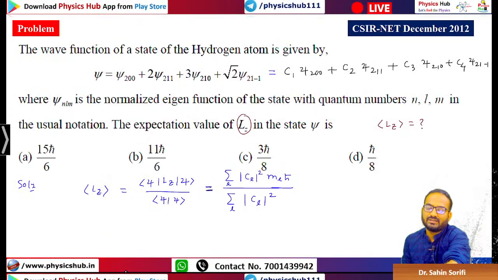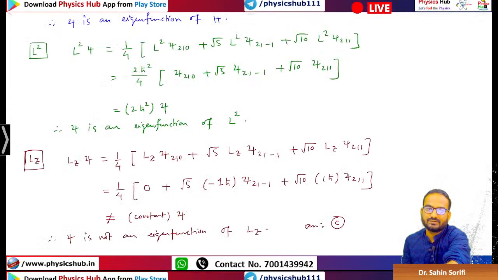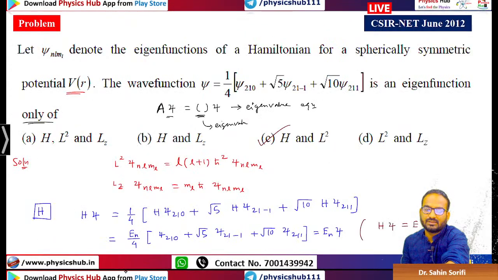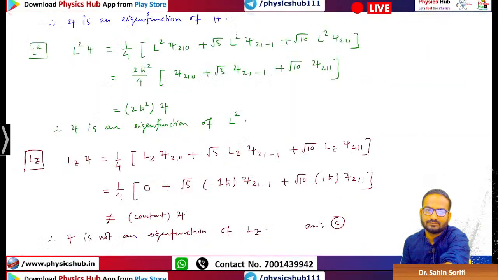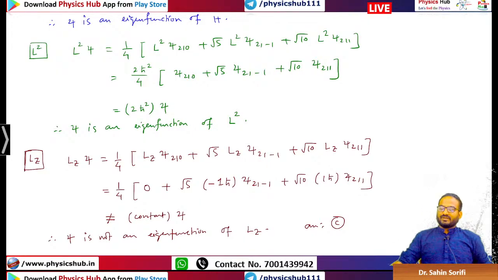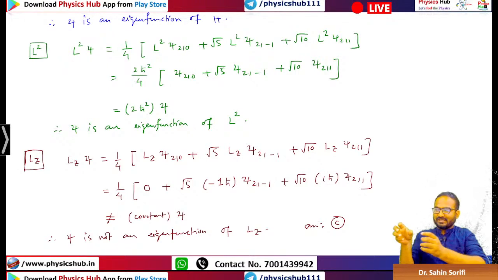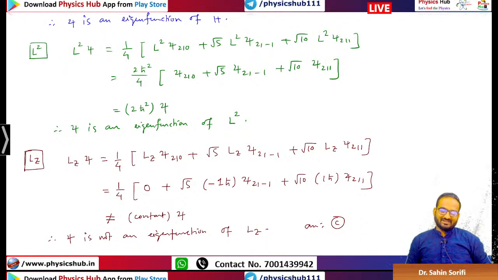It doesn't mean that all of the eigenfunctions will be simultaneous. It is like two friends, they can have common friends. So it doesn't mean that they individually cannot have friends. You can think in that way.